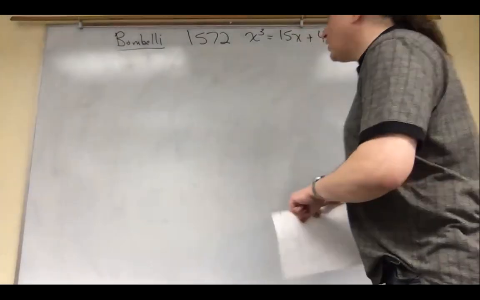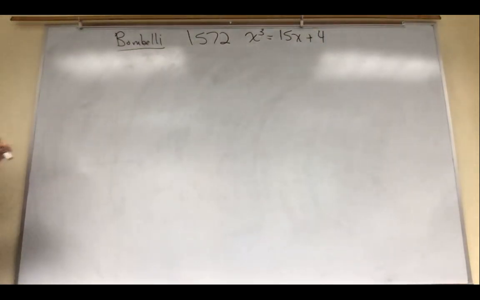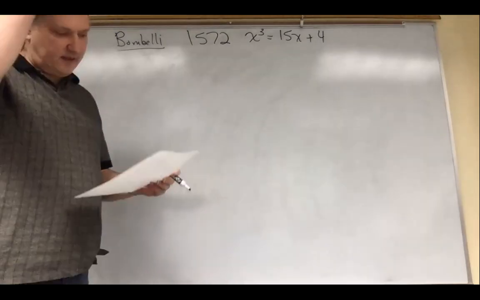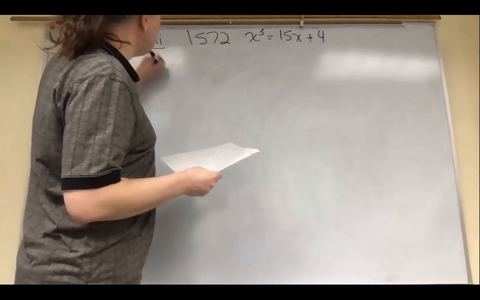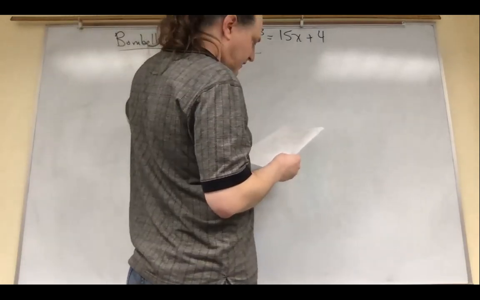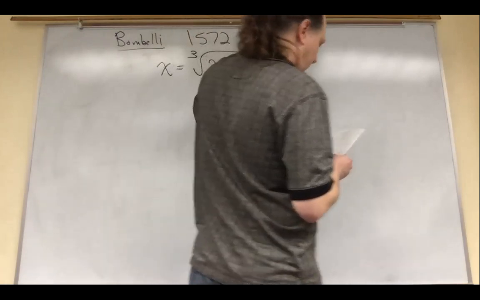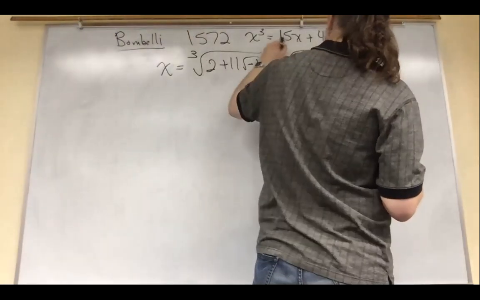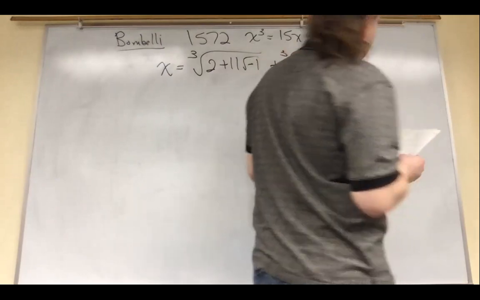All right, so Bombelli says use the formula that I will call Dal Ferro's formula for solving the cubic, the stuff we've been doing. And when you do that, you get x is the cube root of 2 plus 11 square root of negative 1 plus the cube root of 2 minus 11 square root of negative 1.